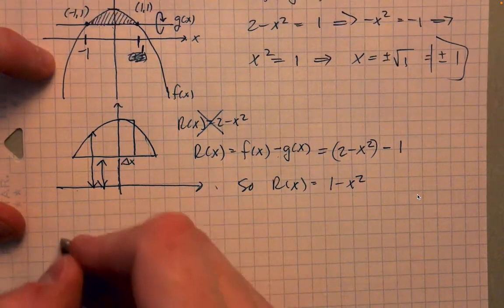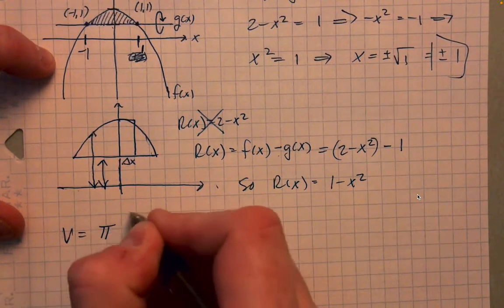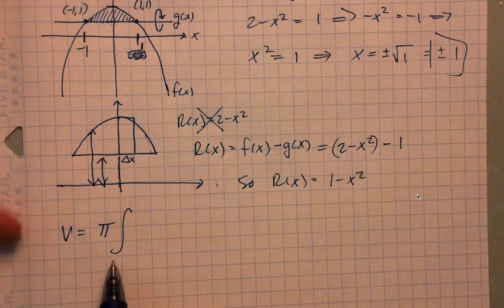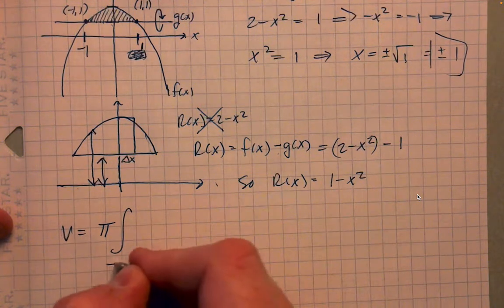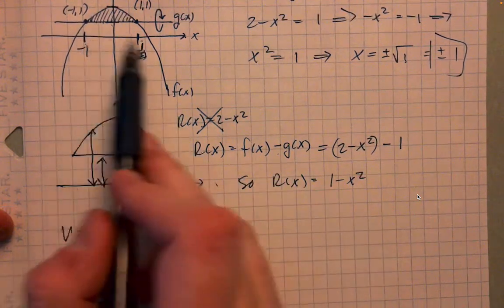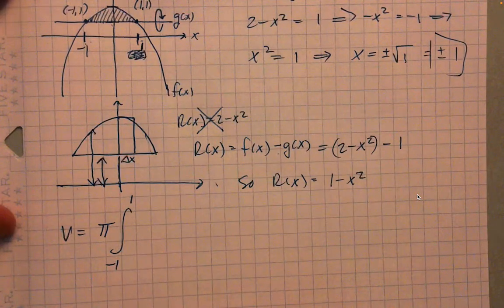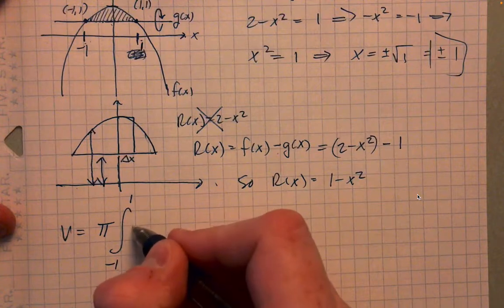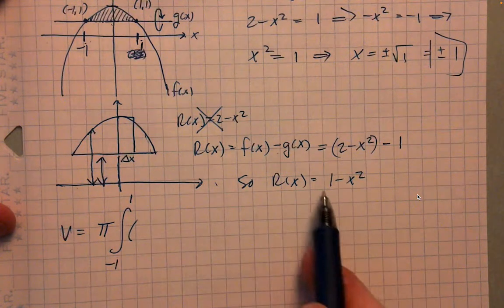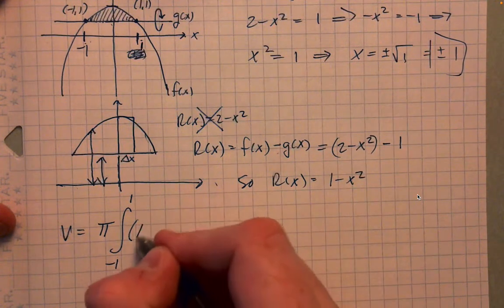We can set up our integral. So the volume here is going to be equal to pi times the integral from -1 to +1. Again, we found those values here by setting f equal to g, finding the intersections there. And then it's just going to be r of x squared. So r of x we just calculated as 1 minus x squared.